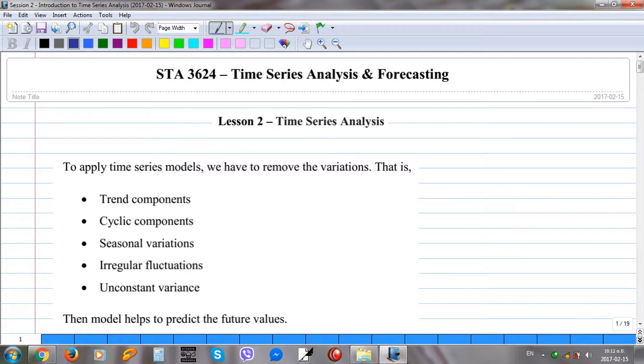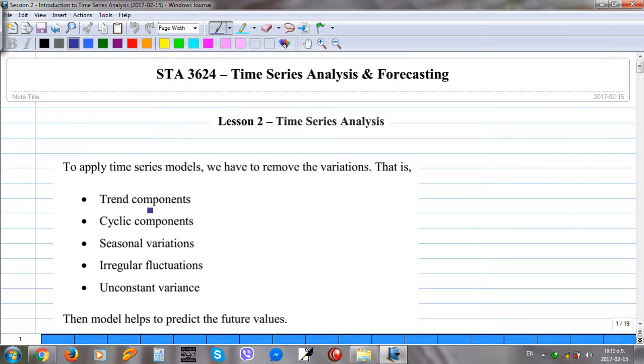In the previous lesson we discussed the introduction to time series analysis and forecasting and the components of the time series. Now we are going to identify how to apply the time series models. To apply a time series model, first we have to remove the variations.